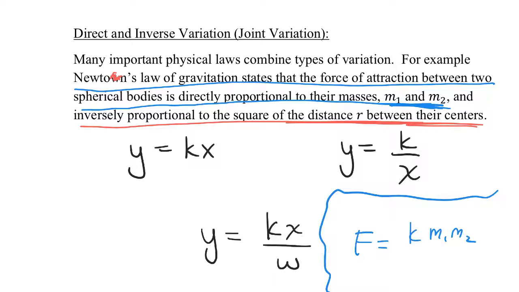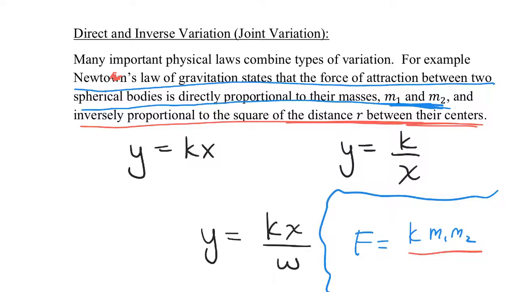Because this problem says that it's directly proportional to two things, both of those things become multipliers. It's multiplication you're going to use. But then it says that it is inversely proportional, so I put a fraction line, to the square of the distance being r. It says inversely proportional to the square of r.